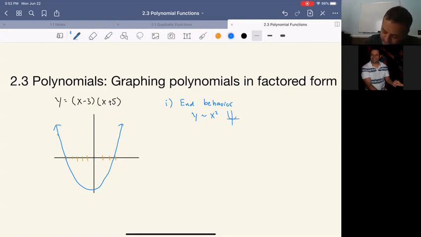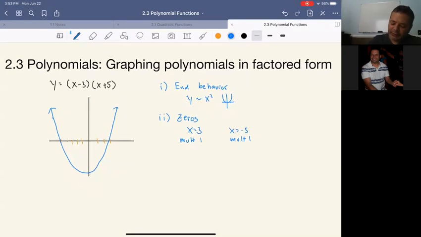So I'm going to put it in there. Second, I'm going to look at my zeros. My zeros are at x equals 3 and x equals -5, and they're both multiplicity 1.